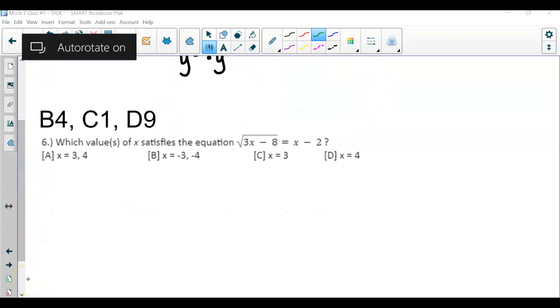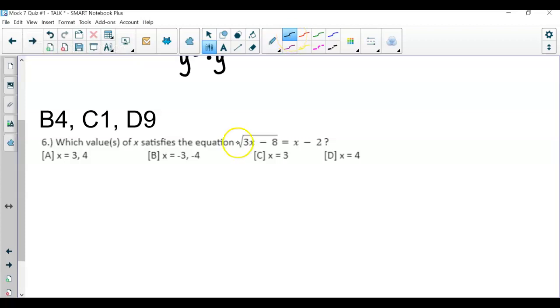Now in this equation, we're going to solve for x. Notice again how we have the radical all by itself, so I'm going to get rid of the radical and square both sides. Now my radical is gone, and I'm left with 3x minus 8, which is equal to x minus 2, this binomial being raised to the second power.